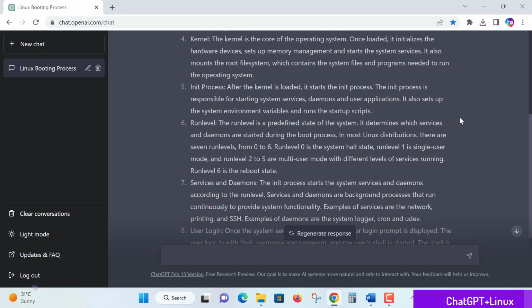The next step is the init process. After the kernel is loaded, the init process starts. Init is nothing but initializing. The init process is responsible for starting operating system services, daemons, and user applications, if any are already installed in the operating system. It also sets system environment variables and runs the startup scripts.